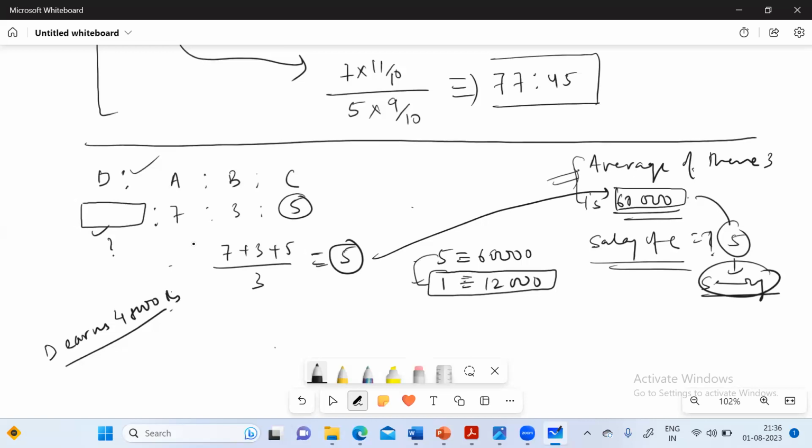D earns 48,000. What should we write here? 4. Exactly, yes, very good. So you know how to accommodate a number into ratio figures if we just take the multiplier out of it. You know that this ratio has a multiplier of 12,000. I removed 12,000 from 48,000 and we are left with 4. So I can keep these 4 into this.